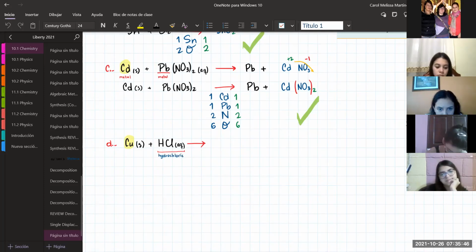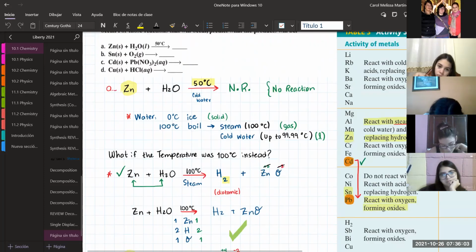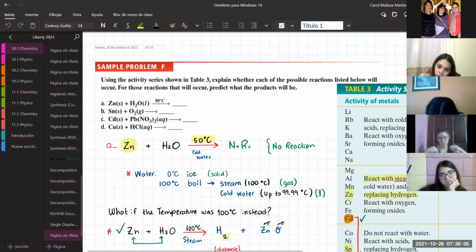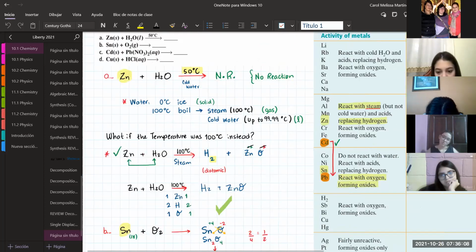That's why naming is important, okay? Because you know now that you are combining copper with acid. So you need to see if the reaction will take place with an acid, okay? So we need to see the reaction. We need to look for copper in the table.